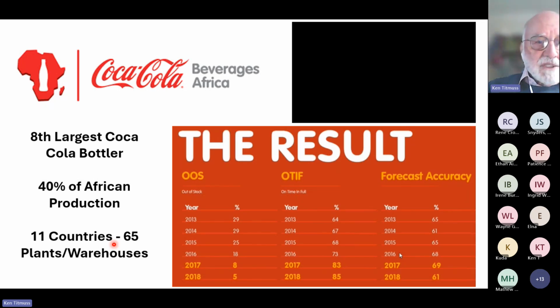So the big boss at the top has got a big picture view, but he can go down into a particular country, or go to a warehouse, or go to a plant, or go to a planner, or go to an SKU at that plant. We can zoom right down and zoom right back up again. But interestingly enough, and they implemented around 2017, 2018.